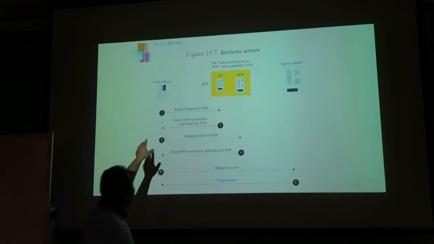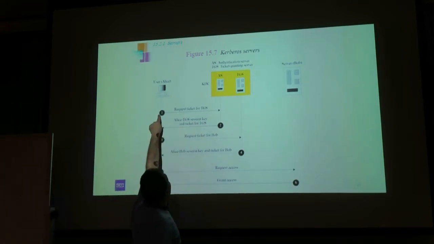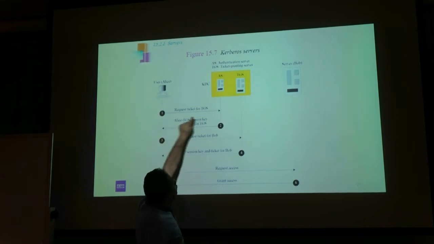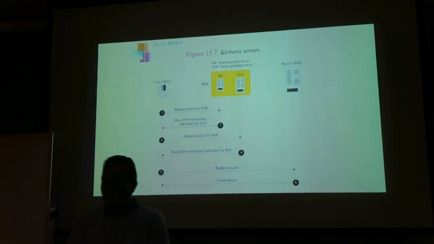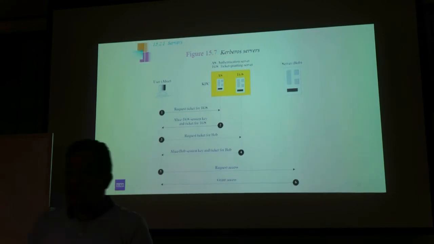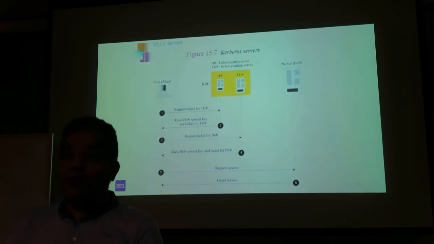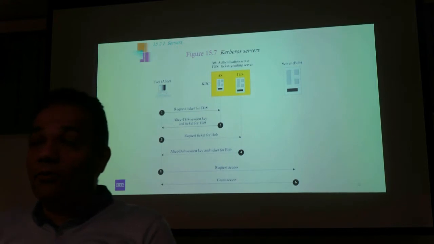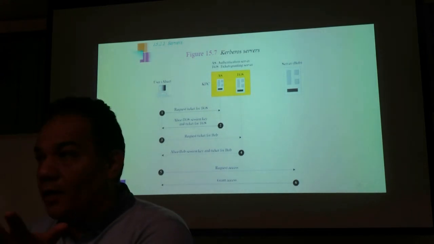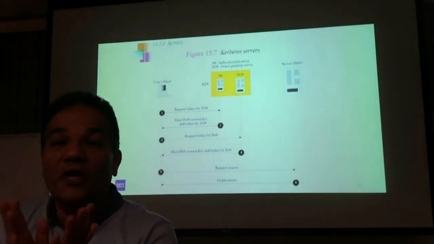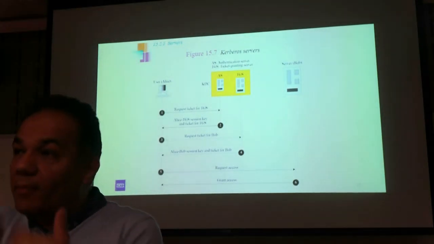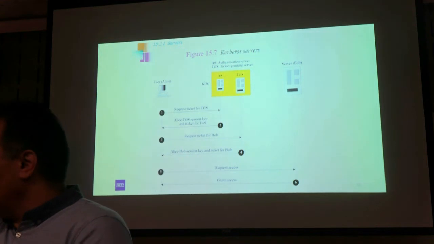So Alice will be authenticated to the authentication server, which means Alice is a valid service or a valid person. It's all good, nothing wrong. So you are authenticating the client, not what they're going to do. You authenticate that they are valid, part of the system.